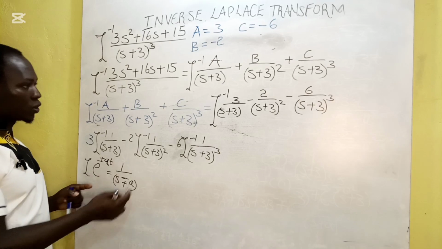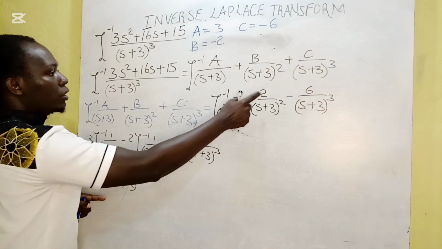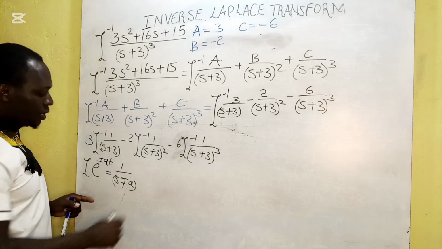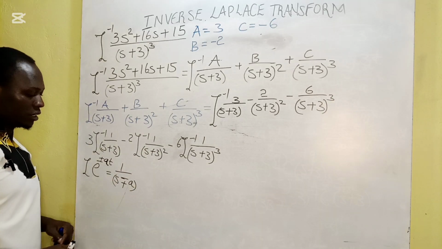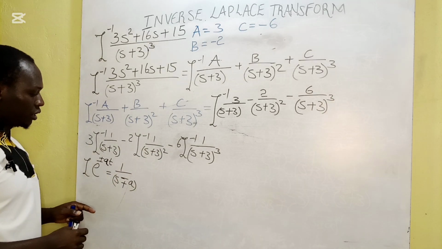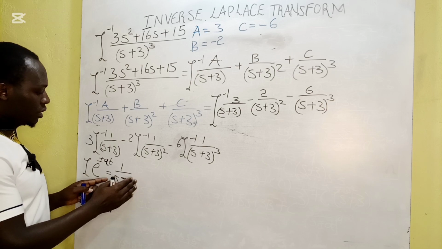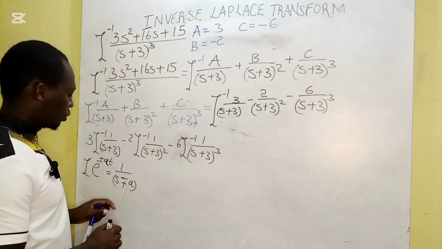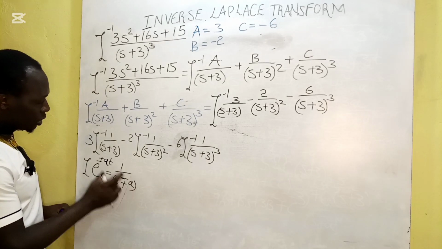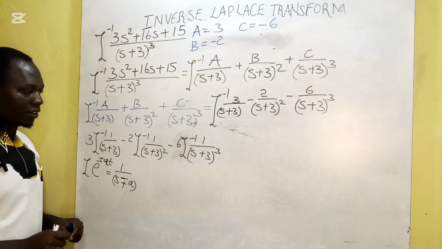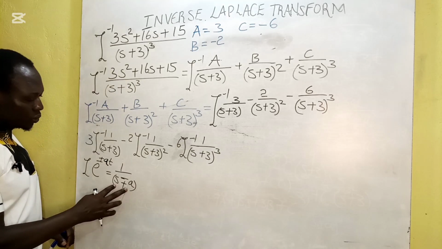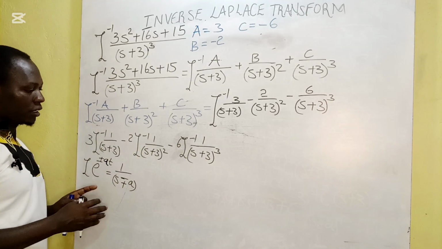That is the reason why I'm factoring out 3, 2, and 1 on the numerator, so that it can match our function here. We are moving now from the inverse function back to its original function. This one matches whatever we are having here. But when you check at these two, they do not match this kind of criteria.